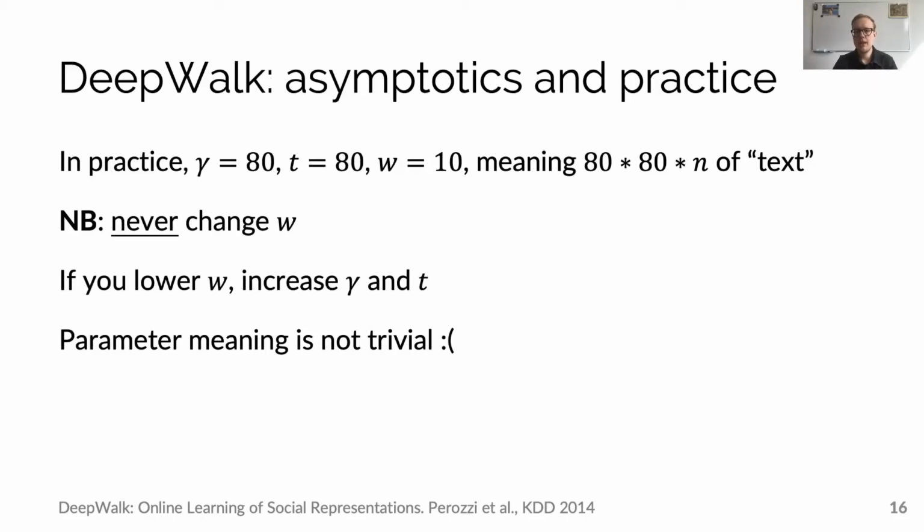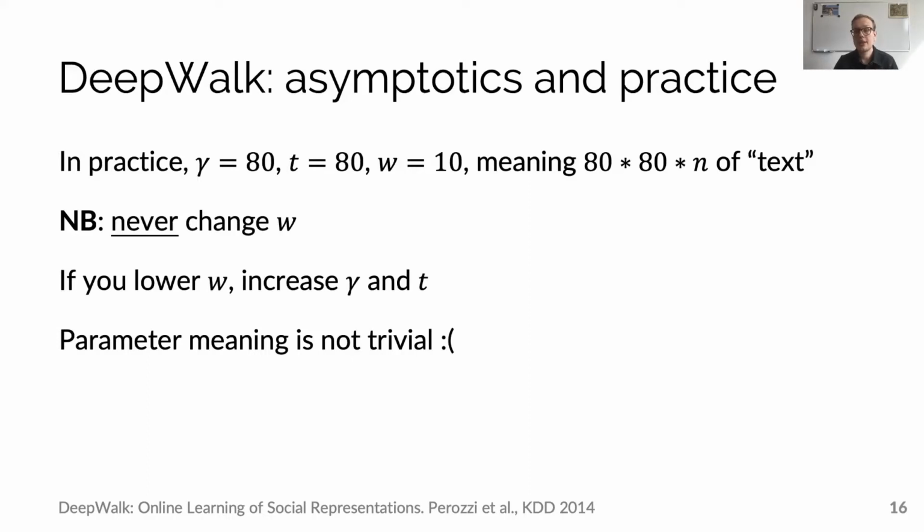So that means that we have quite a few, like 6,400 times the number of nodes, pieces of words. So if we actually want to store them, that's actually a lot of disk, but I will talk about that a bit later. The important thing about this algorithm in practice is that you never change w.